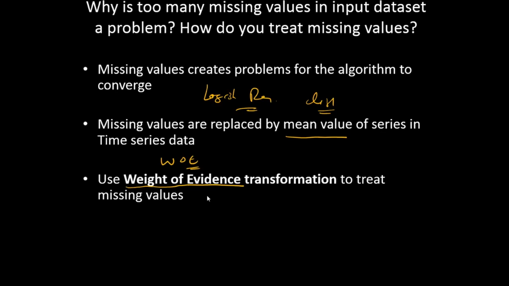Each continuous variable, even the categorical variables, can be converted into weight of evidence variables. Weight of evidence variables generally make sure that your continuous data is grouped into categorical variables, and the missing data is considered as one category.